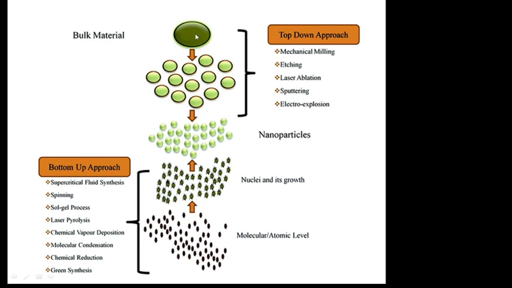That means on top you have the large particle, and as you go down, you can reach your target, that is the nanoparticles. So from a larger chunk to the nanophase you are converting it.